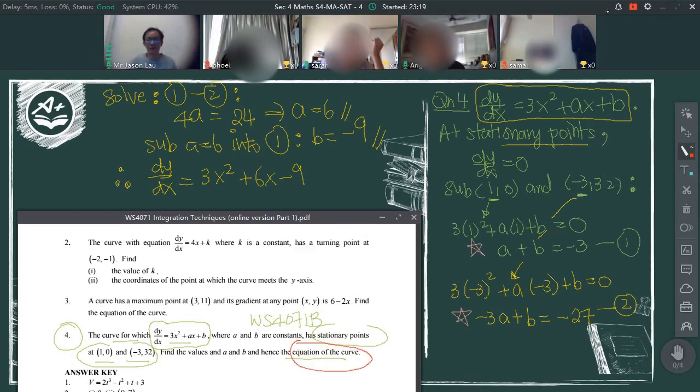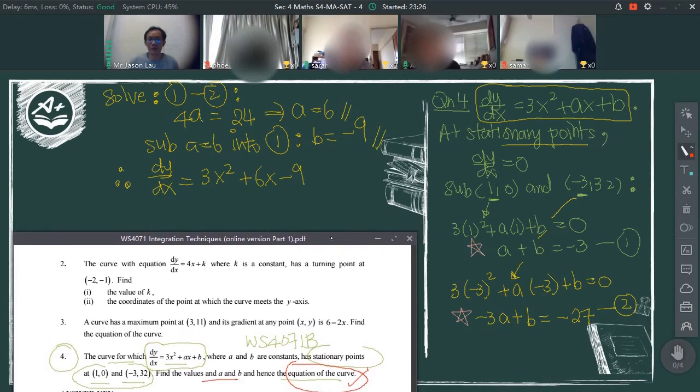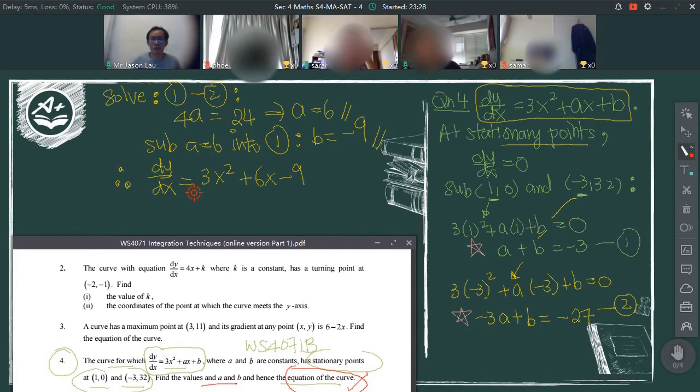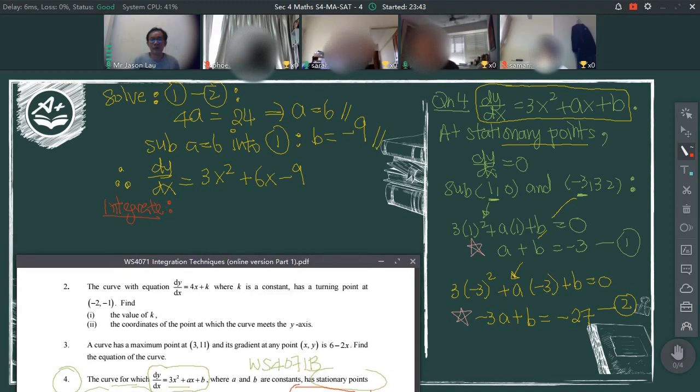So you have to find the equation of the curve after you found a and b. This part we will use integration, no choice, because we have to unwrap back the dy/dx. So we integrate, we do integration to reverse the process. You get y equal to the integral of this.